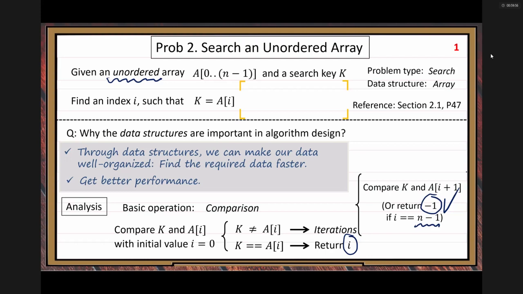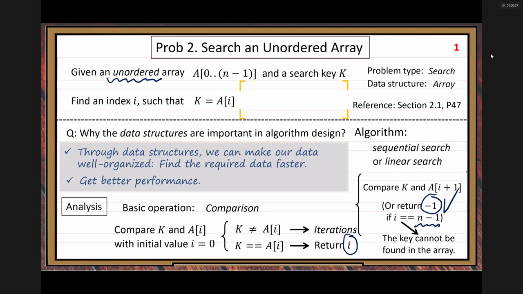Okay? All right. So we complete this simple algorithm. The implementation is simple, very straightforward. Here, we want to look at the analysis part. For this question, our main focus we want to put on the analysis part. All right. The algorithm, we call it sequential search or linear search.